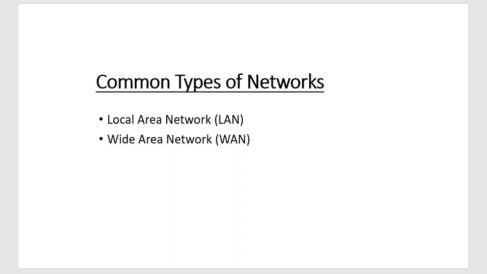If somebody in an office in Texas has a microphone and a webcam set up, they can video conference somebody in Tokyo in just a matter of seconds. And this is through your wide area network.